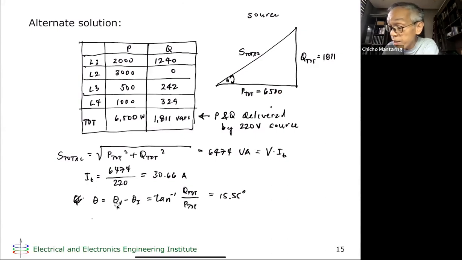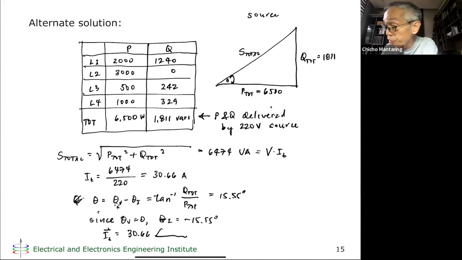And since theta V is equal to 0, then theta I will be minus 15.55 degrees. So kung kailangan natin ng phasor value ng I of t now, the phasor is 30.66 at an angle of minus 15.55 degrees amperes.